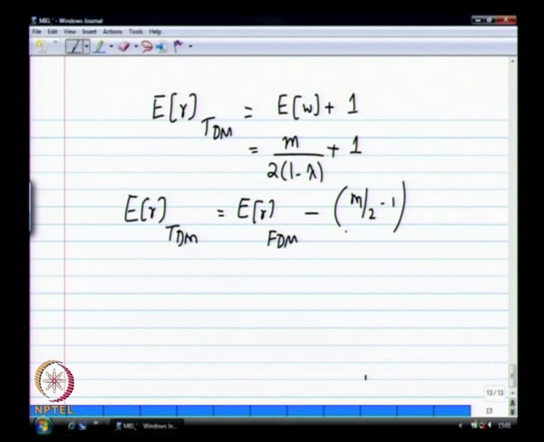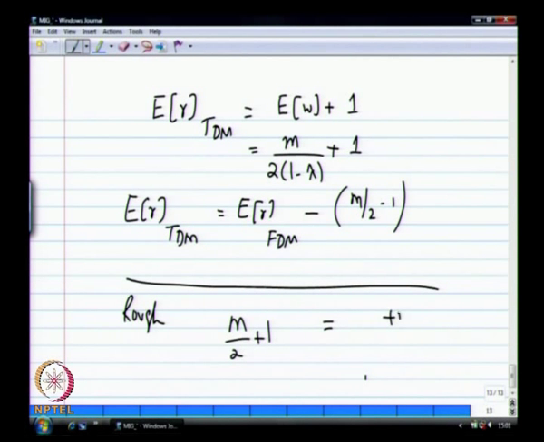So m minus E of W of TDM is m lambda. M by 2 is extra here and 1 is extra here. On this side you have m by 2 plus 1, and here you have plus m. The rest of the terms are common, only these two are different, the other two terms are the same.